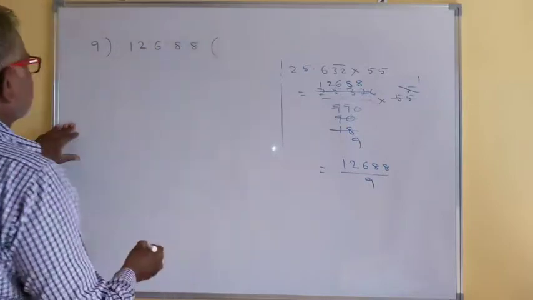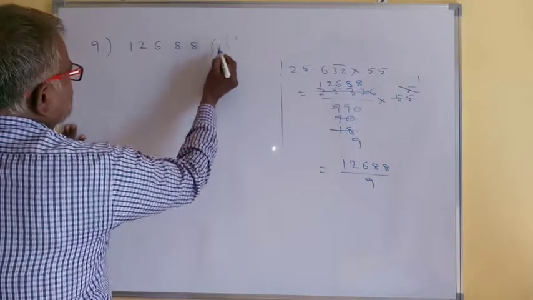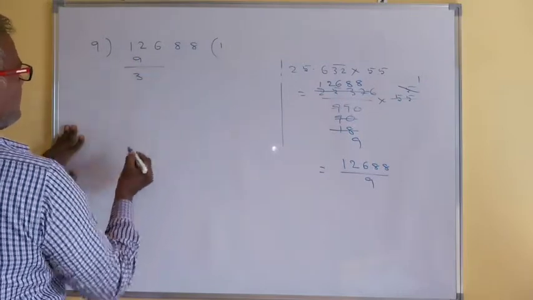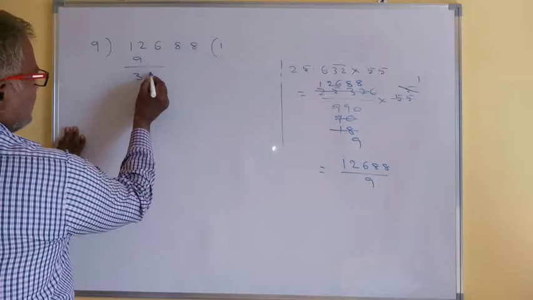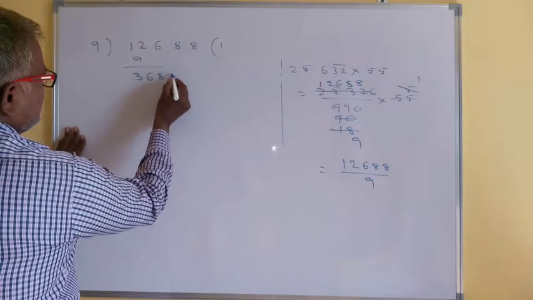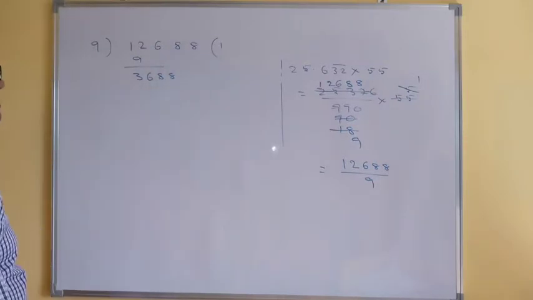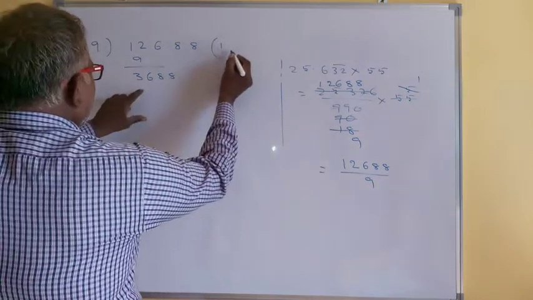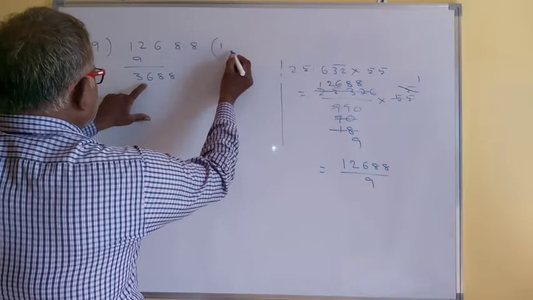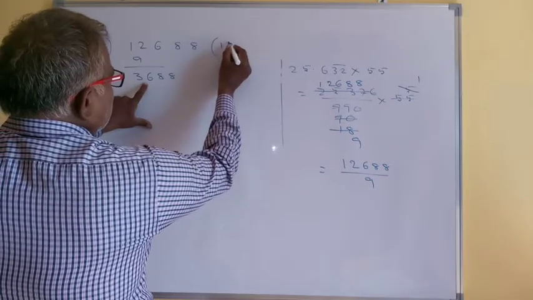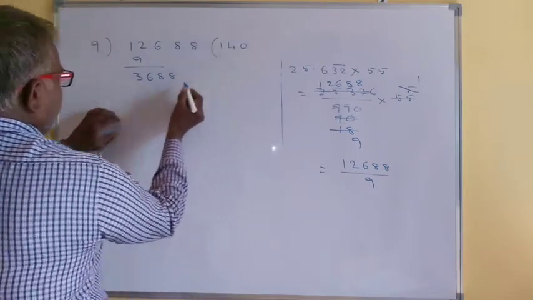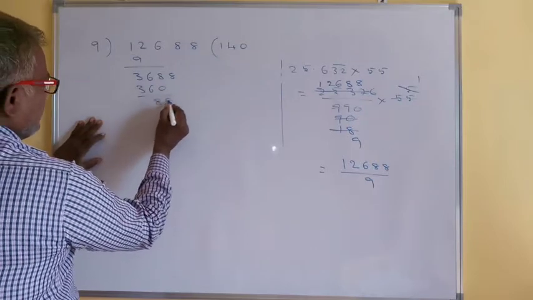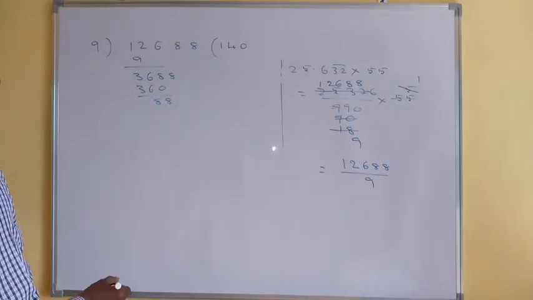Okay, first 9 ones 9, 3, 6 double 8. Or simply here 9 4s 36. Okay, so 940, 360. So 88.